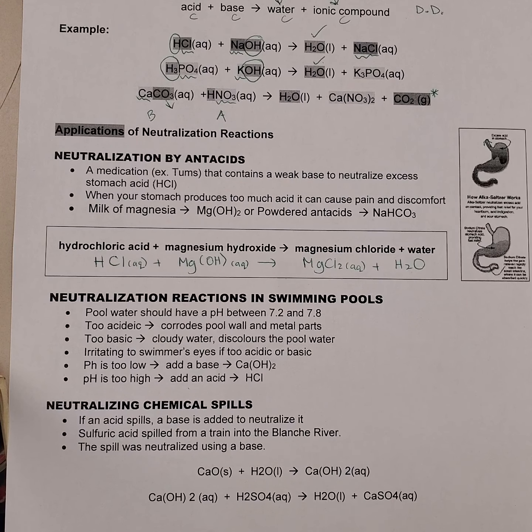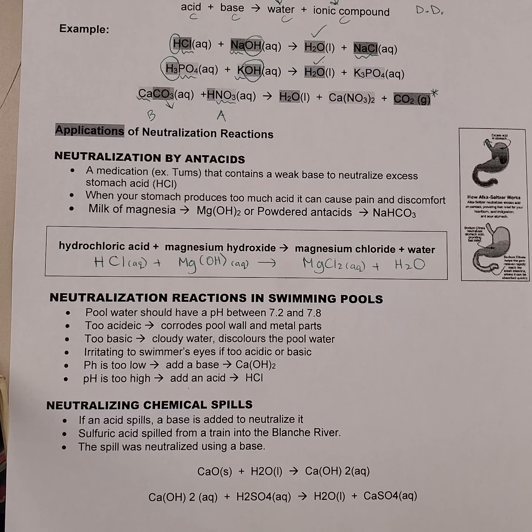For example, if I was making some chemicals for a lab experiment, and let's say I spilled some acid, I wouldn't want to take paper towel and start to absorb the acid because acid is corrosive and it can burn my skin. So what I would do is add the opposite. If I spill an acid, I would add a base so that I'm creating water, which makes it safer for cleanup. Similarly, if I spilled a base, I would add an acid to it so that I'm creating water, so that it makes it easier for cleanup.